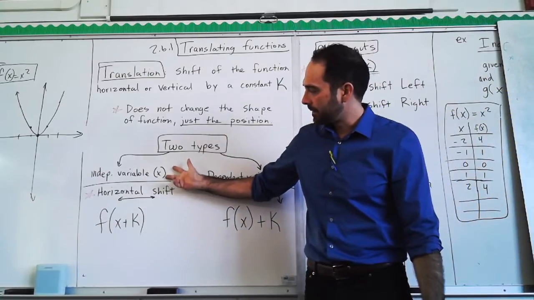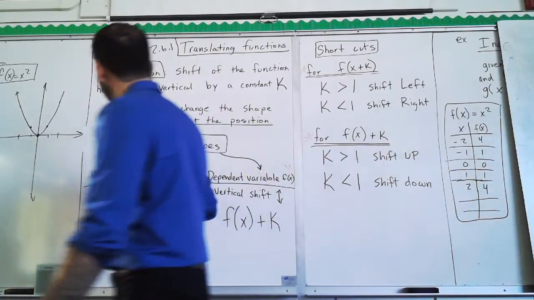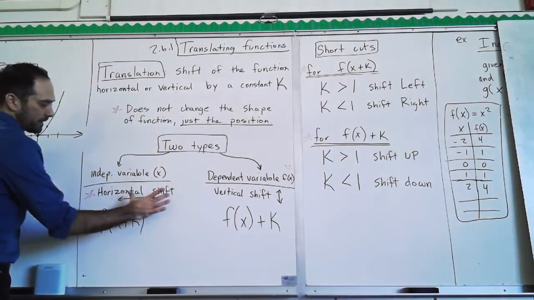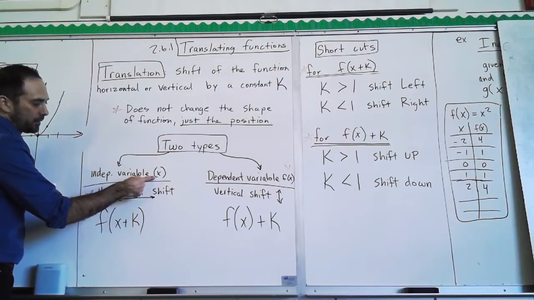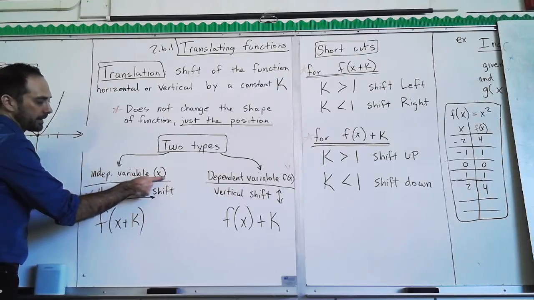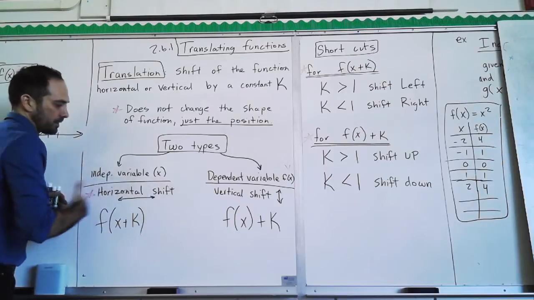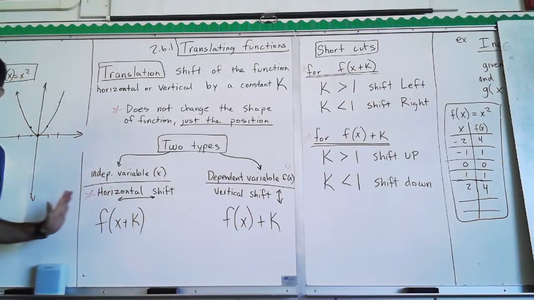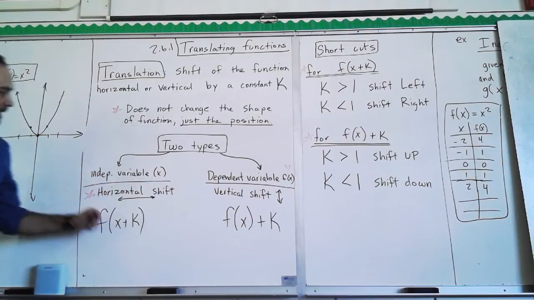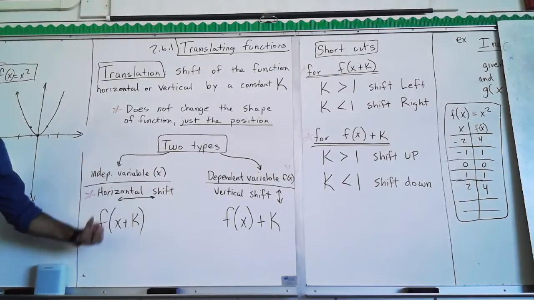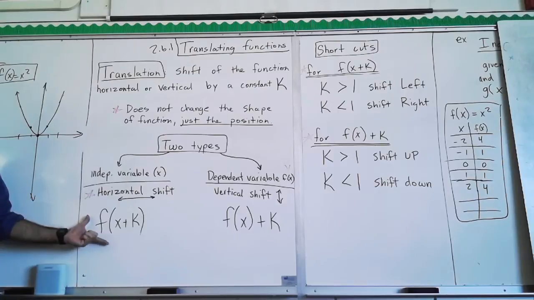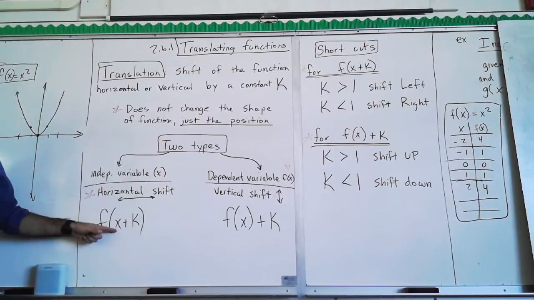When we shift using the independent variable, we're shifting horizontally. That makes sense because we are manipulating our x value, and the x values are along the horizontal x-axis. So that's why when we shift our independent variable, we get a horizontal shift. It's denoted by this notation, f(x + k).